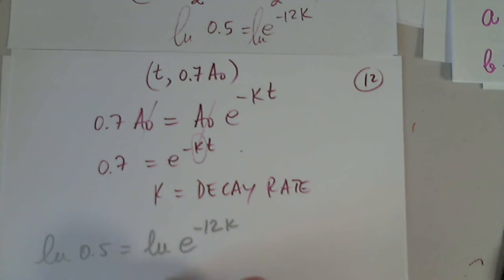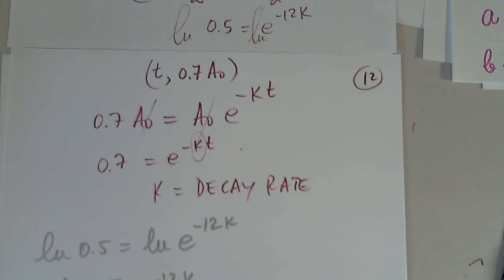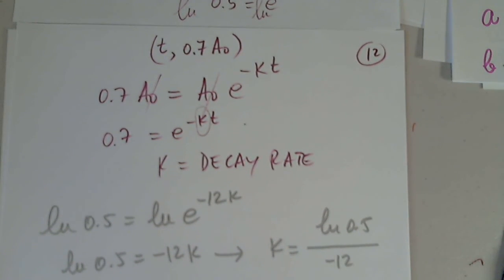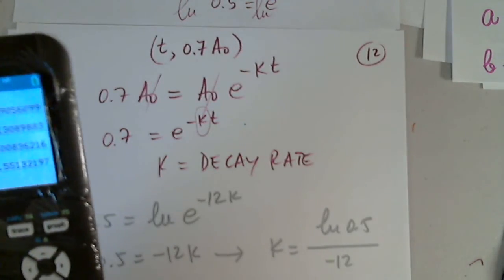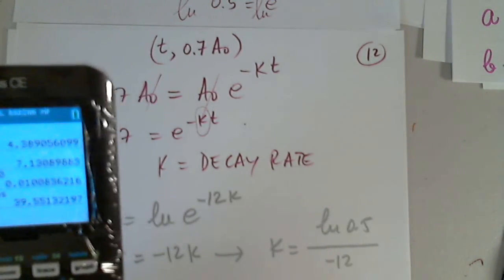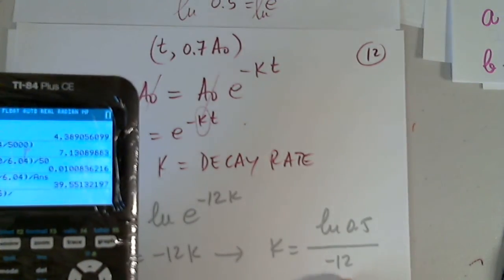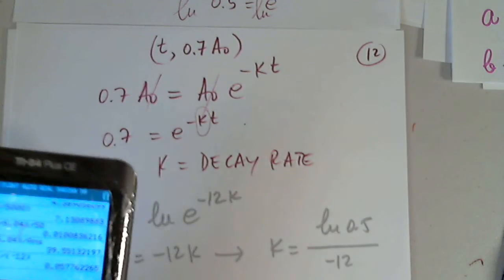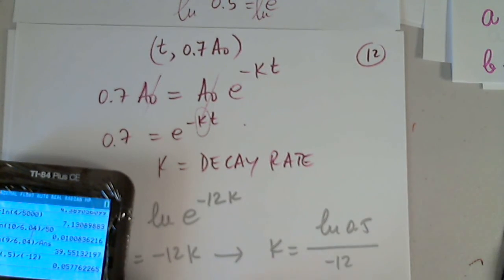I bring down negative 12k times natural log e, which is 1. So then I know that k equals natural log of 0.5 divided by negative 12. With k in place, so natural log 0.5 divided, don't forget to put parentheses around the denominator, negative 12. Please use 4 digits at least, I got 0.0578.